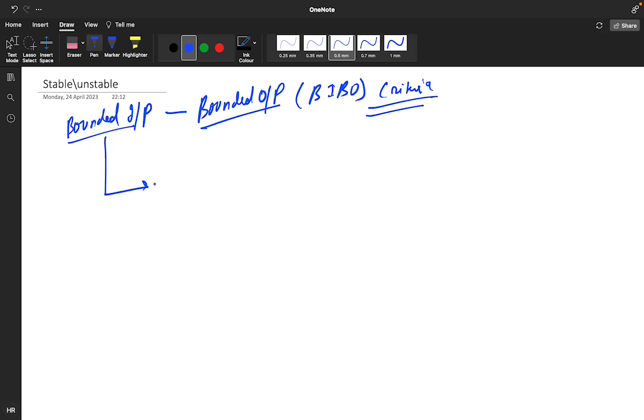What is the meaning? Finite value. If you give a finite value to the input, the output should also come finite. Finite amplitude, then only the system will be stable. So what do you mean by a bounded signal?